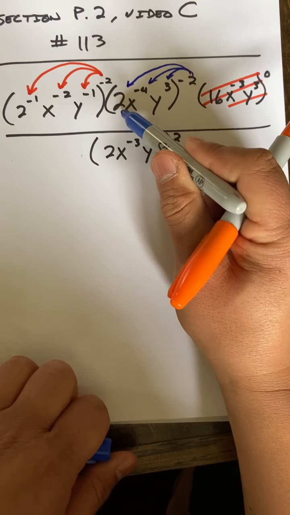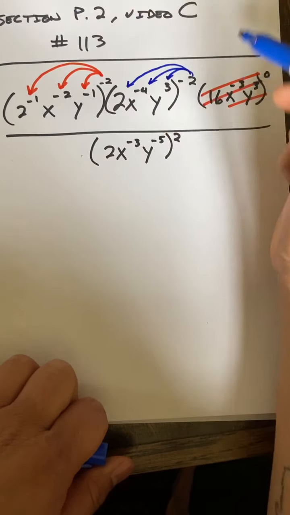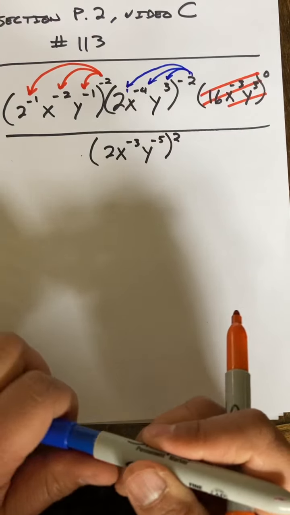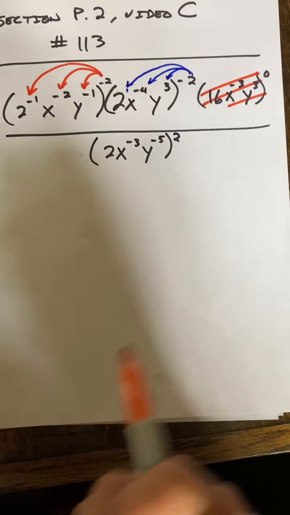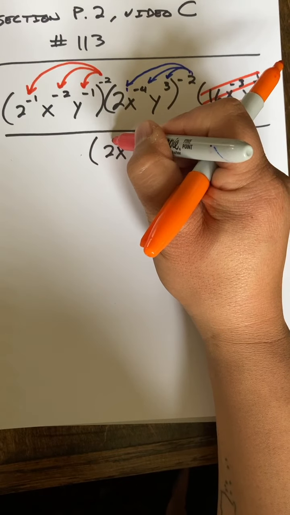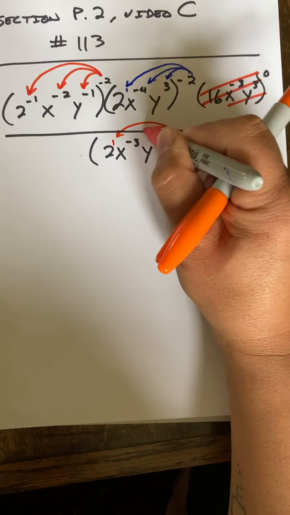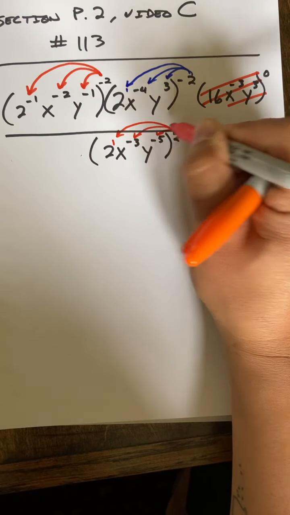Now notice here I have a 2 and there is no exponent. There is an invisible 1 right there, okay? And I wanna be very careful with that. And same thing is happening here. There's an invisible 1, and I'm just gonna multiply the exponents all the way across.